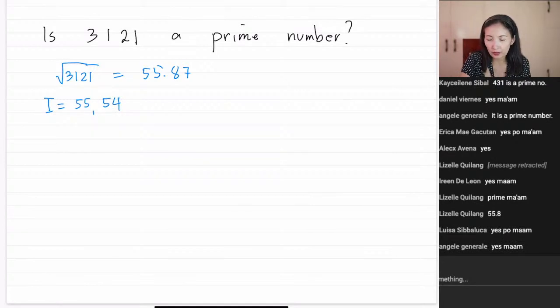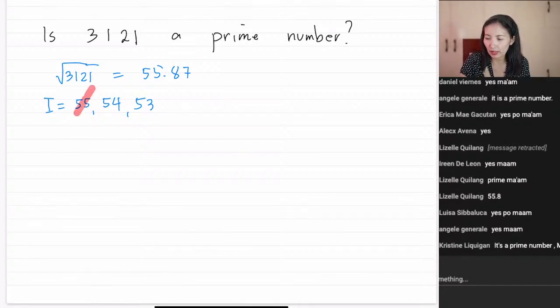We can proceed to 53. So strike out na lang natin yung natapos natin. We're done with 54. Do not include 54 anymore. Obviously, it's not divisible by 54. Then 53, 3,121 divided by 53. No.